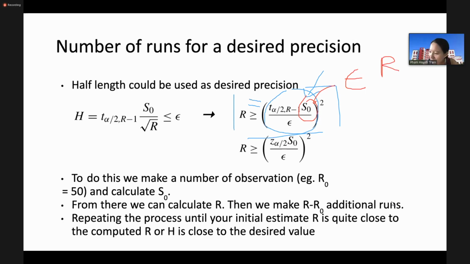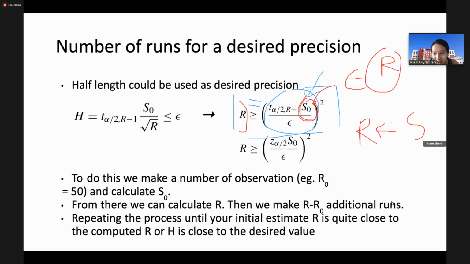Okay, we want to know R. If we want to know R, we need to calculate S. But in order to calculate S, we need to have R first. So if we want to know R, we need to have S, the variance.